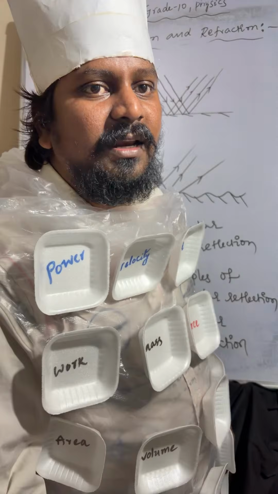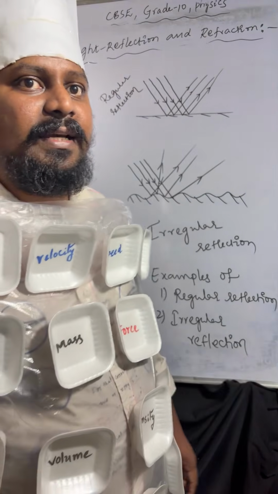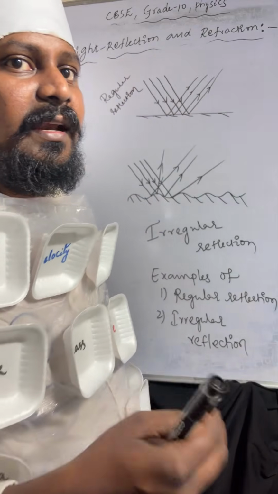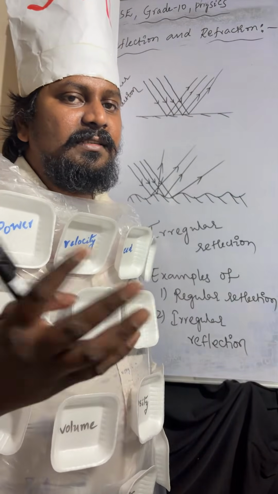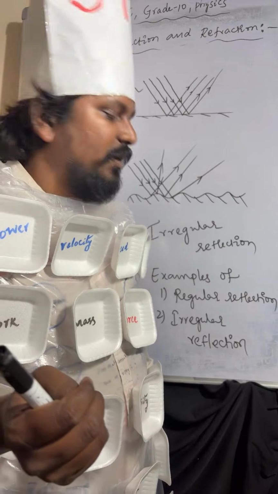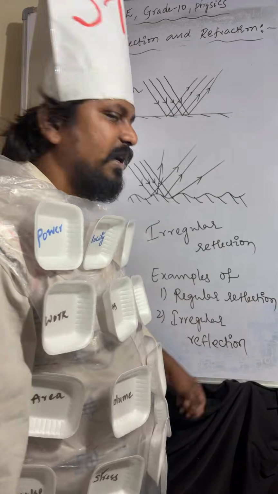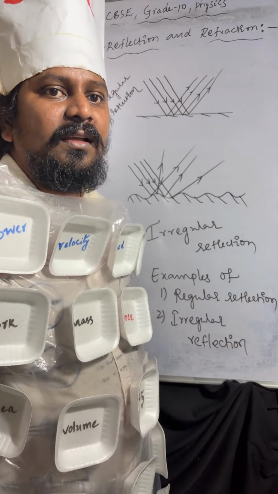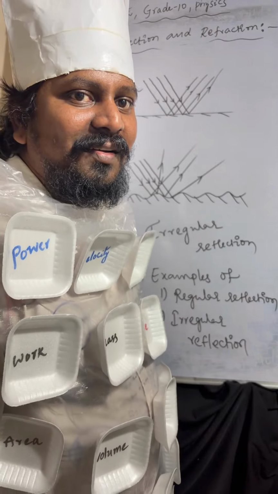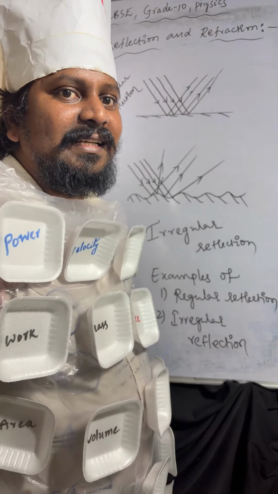An example of regular reflection is a mirror, a plane mirror. Very good. Any other examples? Anyone who knows the answer, just type in the comment section. Examples for regular reflection and irregular reflection. I'll give you some time.